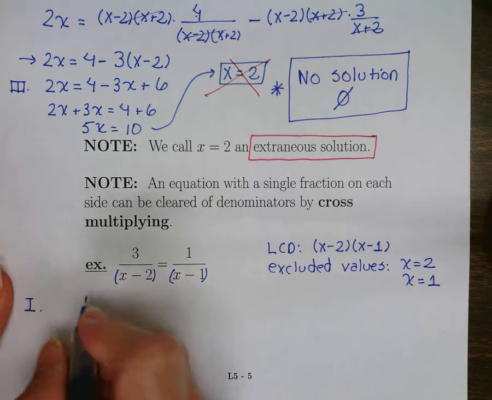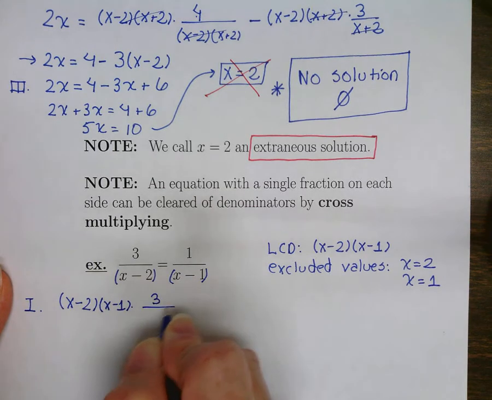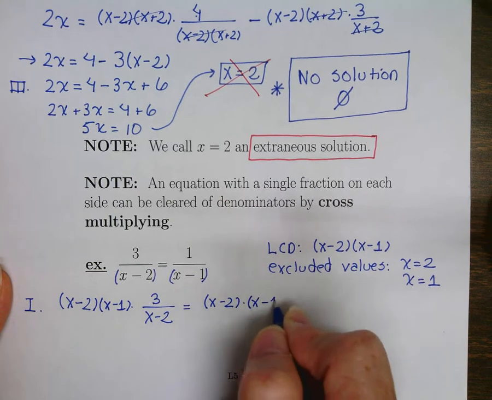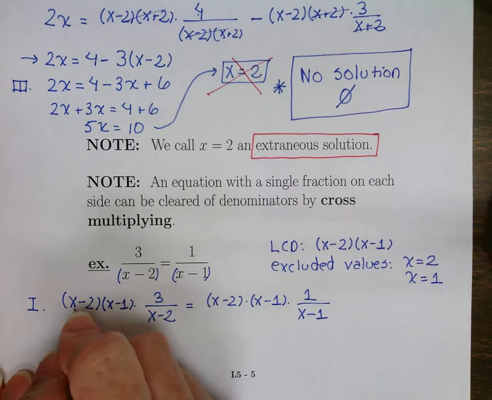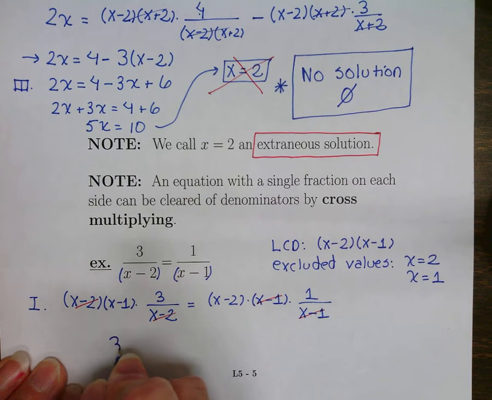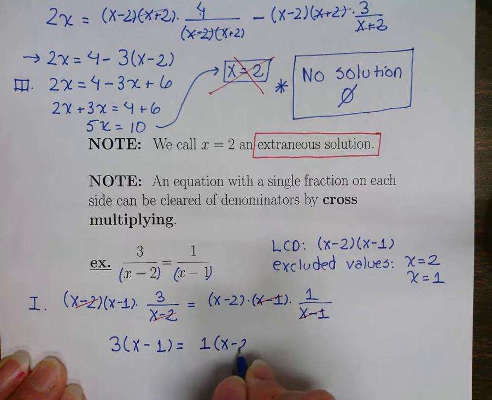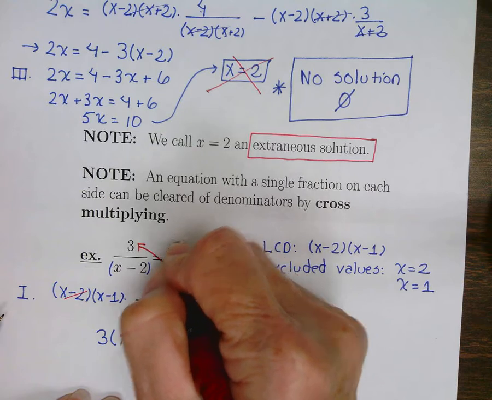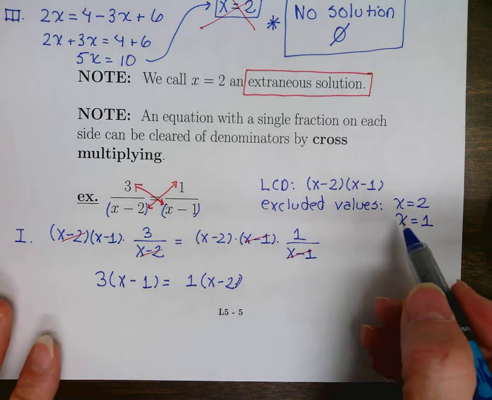So when I multiply both sides by that LCD, what happens? We have a nice cancellation, and we end up with the equation 3 times x minus 1 equals 1 times x minus 2, which is exactly what we get by cross multiplying. So in this scenario, cross multiplying is perfectly fine. Just remember those excluded values.